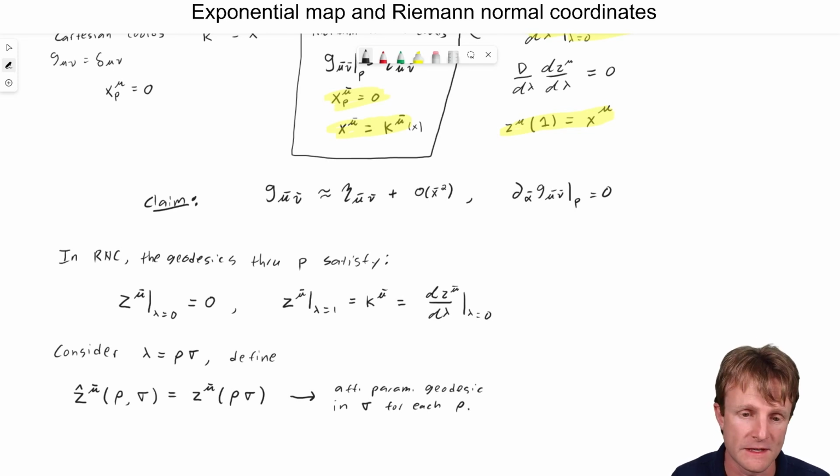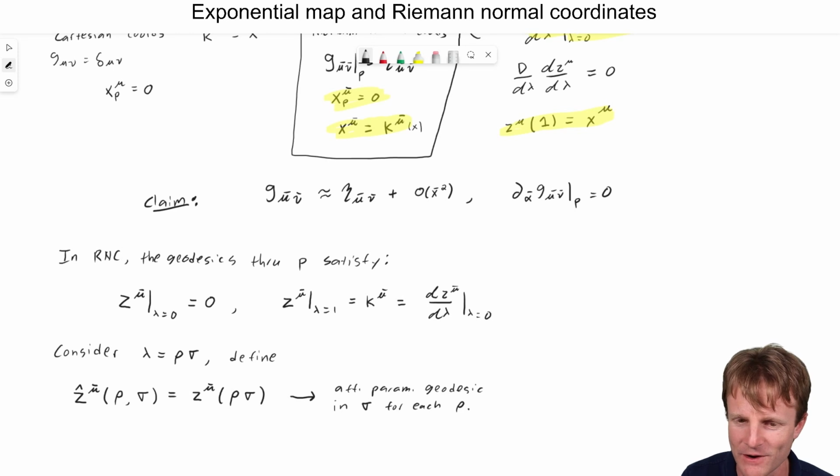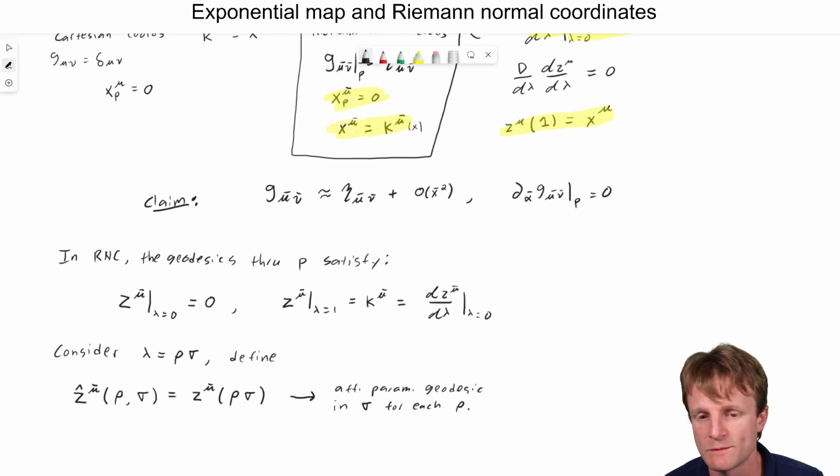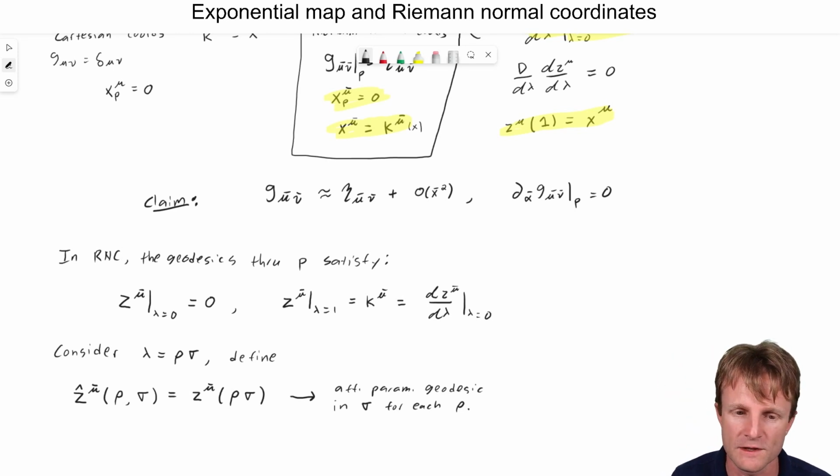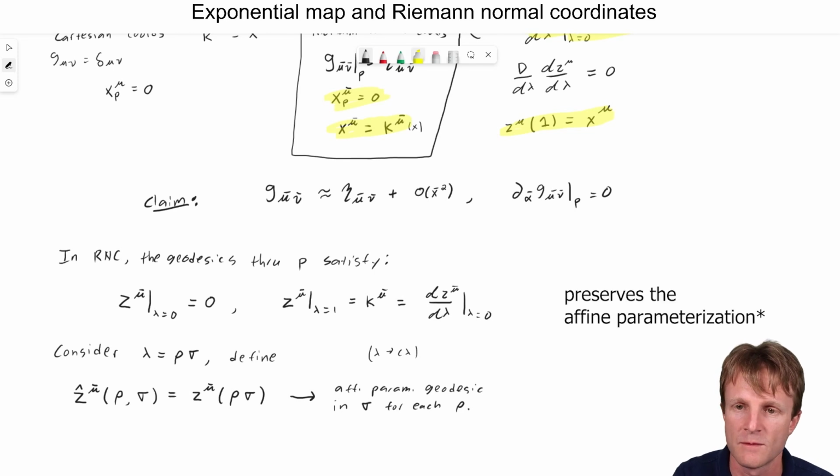Now, it's clearly a geodesic because it's the same curve. The only question, it's constructed from the geodesic curve, z mu bar. The only question is whether sigma should be considered an affine parameter. Well, you see, this is just replacing the parameter lambda with sigma times some constant. So this is like lambda goes to a constant times lambda, and indeed that preserves the affine parameter.